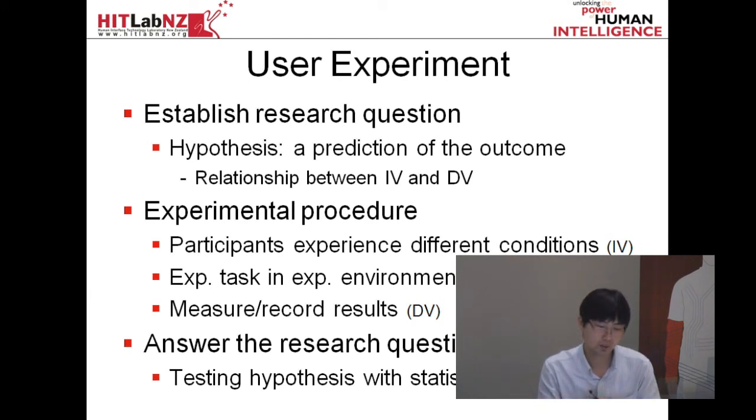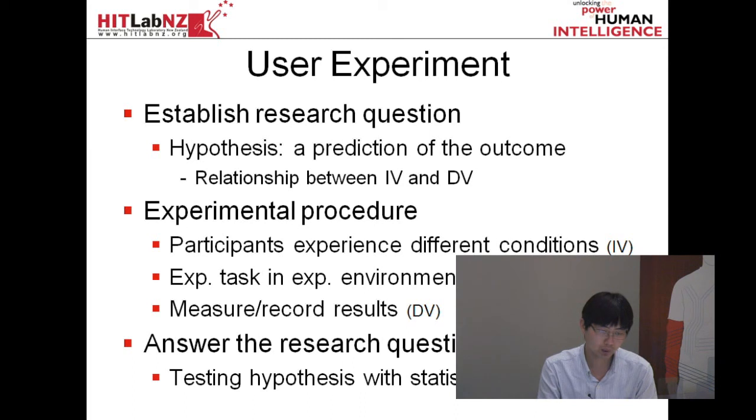And usually, this hypothesis describes the relationship between the independent variable, which is basically the conditions you have, and how the measurements, such as task completion time or usability scale level or those sorts of things, would differ between the conditions. So the hypothesis usually describes those.